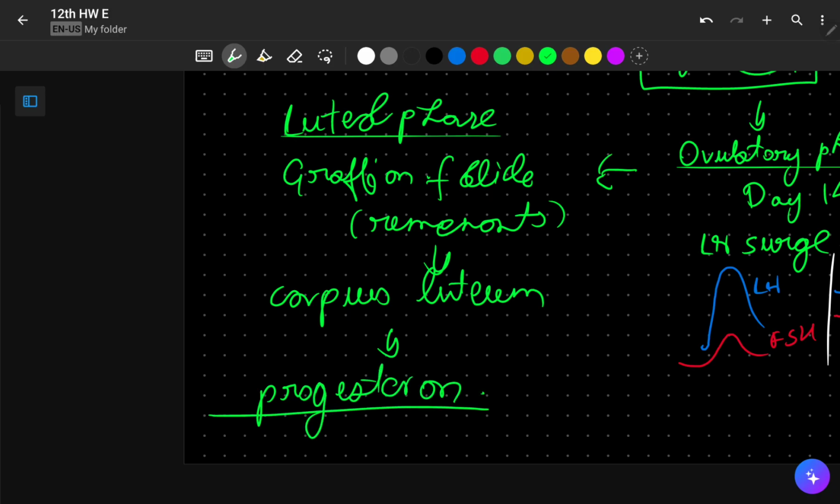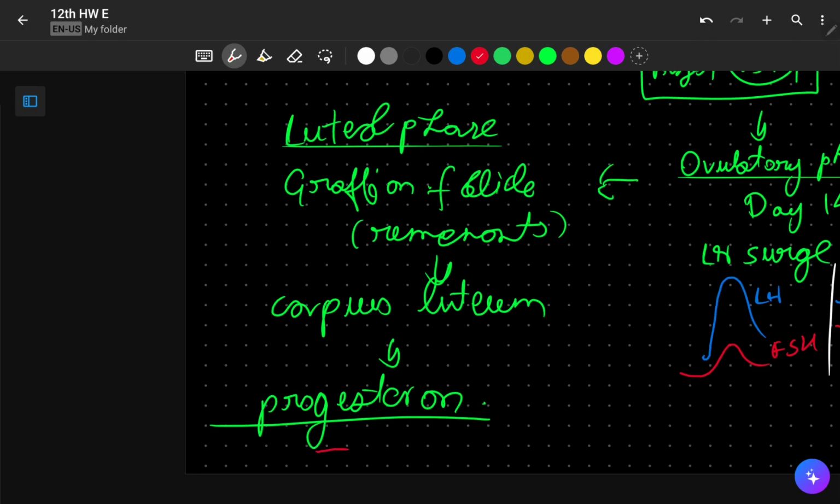It is at this moment where progesterone acquires a crazy peak, like it was flatlining, and then this happens, and then it will again go down because it will break down if fertilization does not occur, whereas estrogen will be something like this. It acquires a peak here, and then it goes like this.